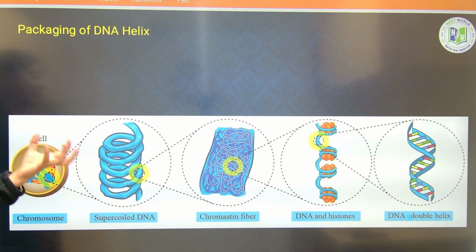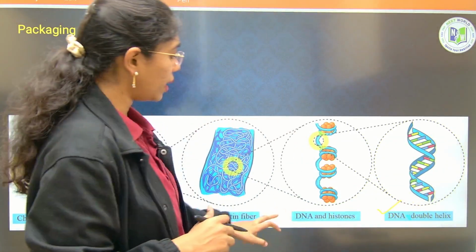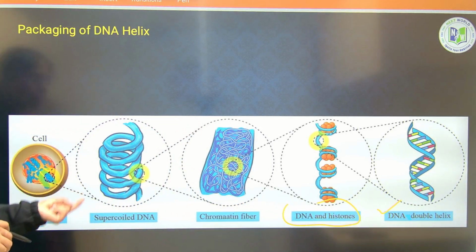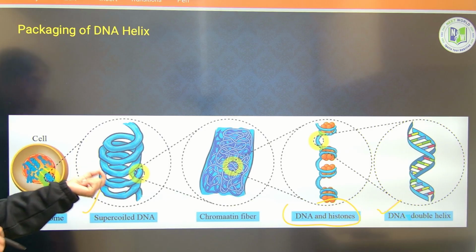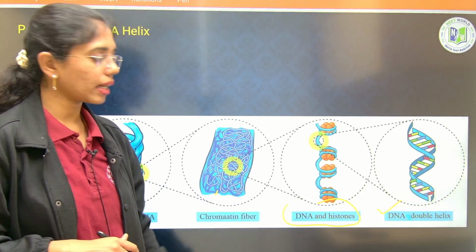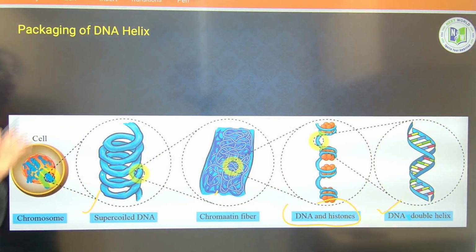So this doesn't happen in a single step. First, DNA attaches to histone proteins, and it is formed first as supercoiled DNA. First it turns into supercoiled DNA, then chromatin fiber, and the DNA gets attached to histone molecules. How is this formed?